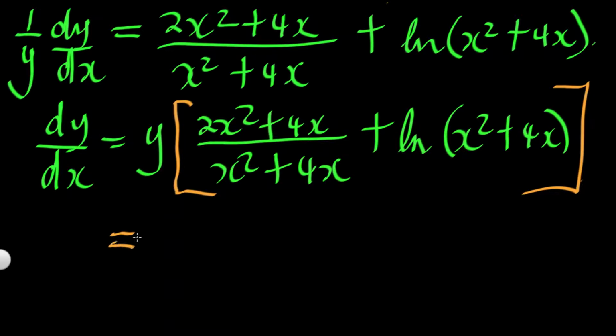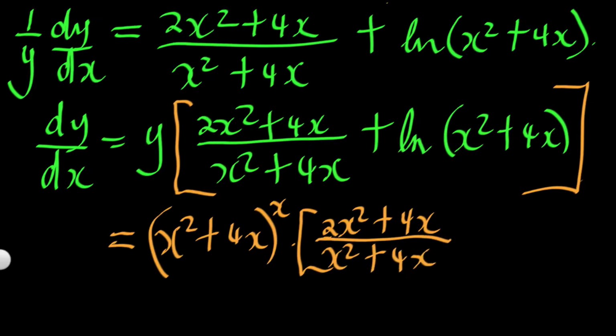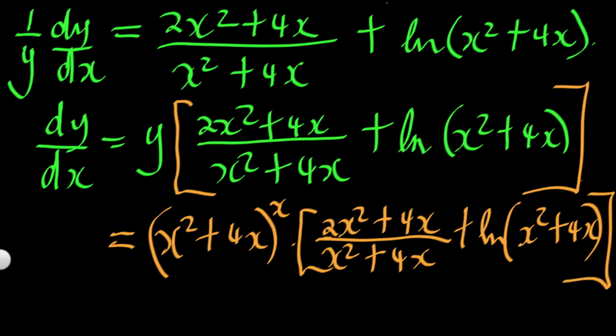So I have here equals x squared plus 4x to the power of x times, I put this bracket here, which is 2x squared plus 4x over x squared plus 4x plus ln of x squared plus 4x. I close my square bracket.